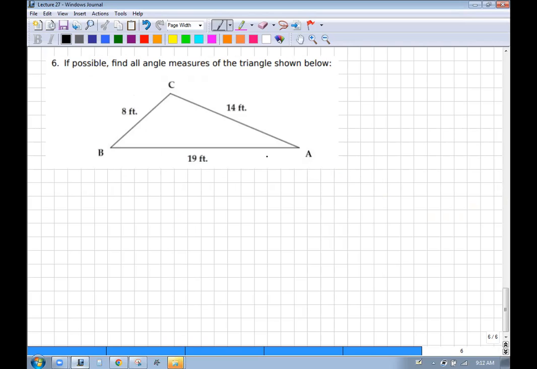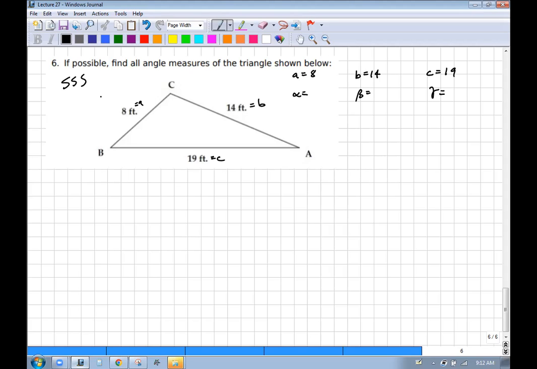Well, we know all three sides here. This is A, this is C, this is B. Let's write them down: A is 8, B is 14, C is 19. We need alpha, beta, and gamma.